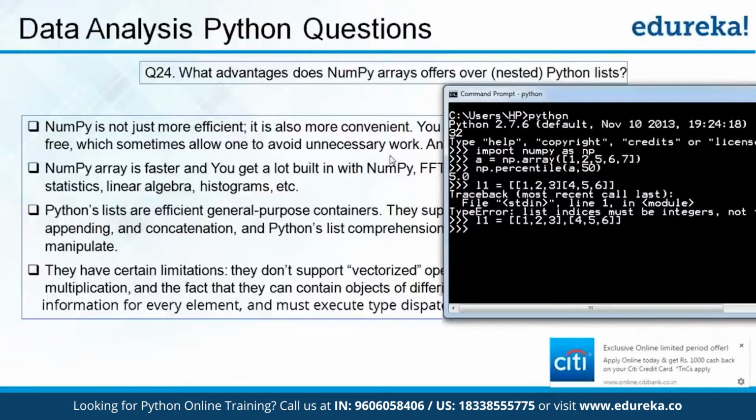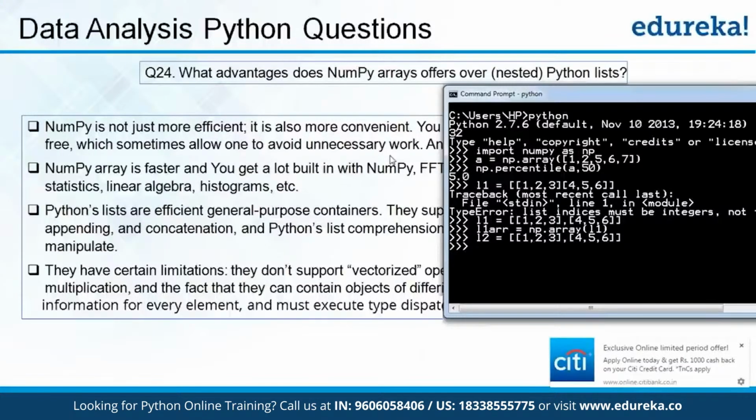So L1 arr is equal to np.array of L1. We'll create L2 as well.